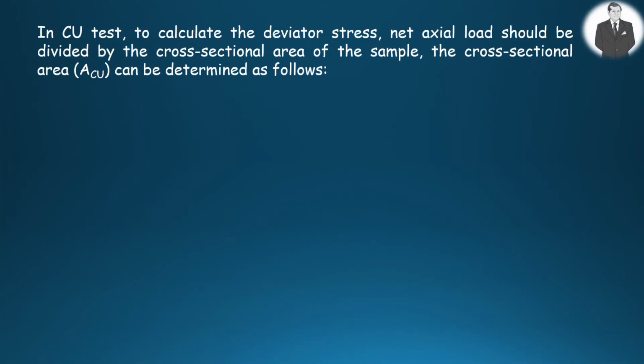In consolidated undrained test, to calculate the deviator stress, net axial load should be divided by the cross-sectional area of the soil sample.